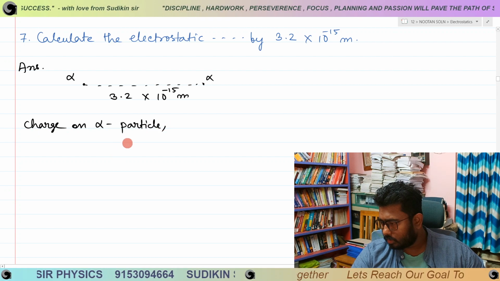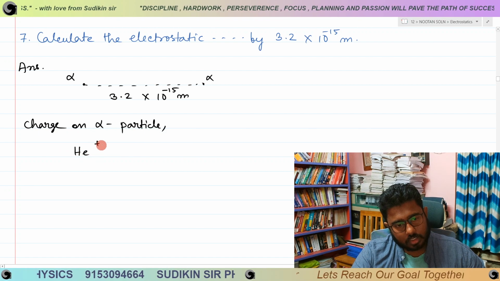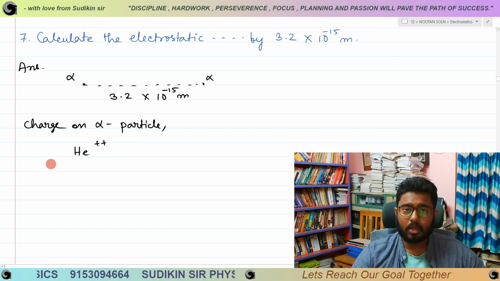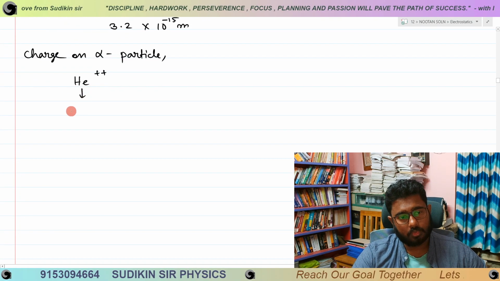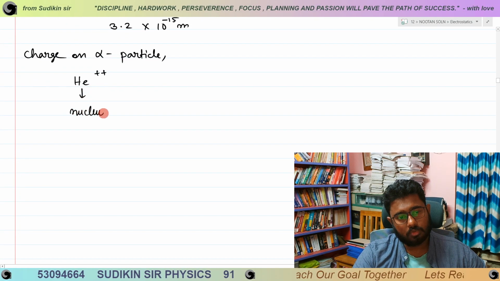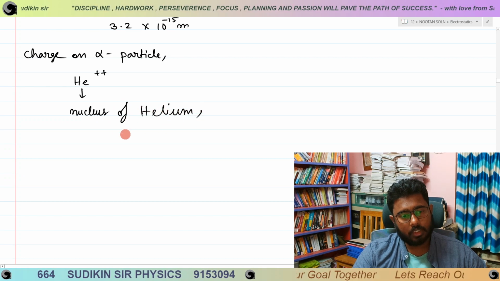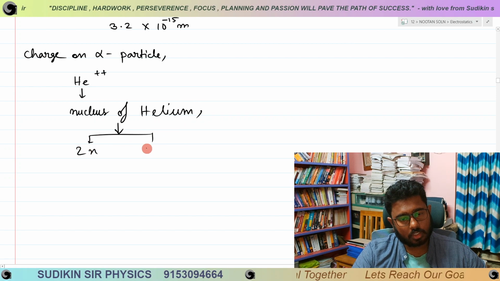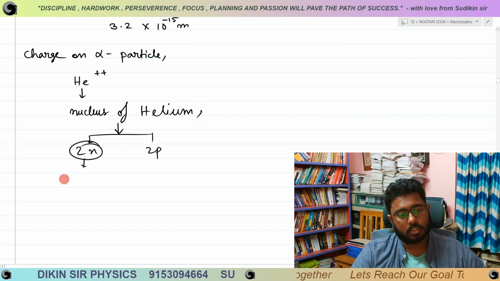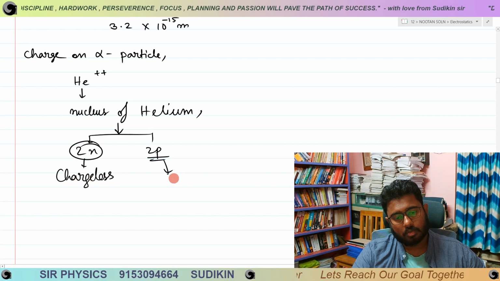So what is the charge on alpha particle? Alpha particle, we know that is doubly charged helium ion. That means it is the nucleus of helium. Now helium nucleus has two portions. There are two neutrons and there are two protons. Now this is chargeless and this has positive charge.